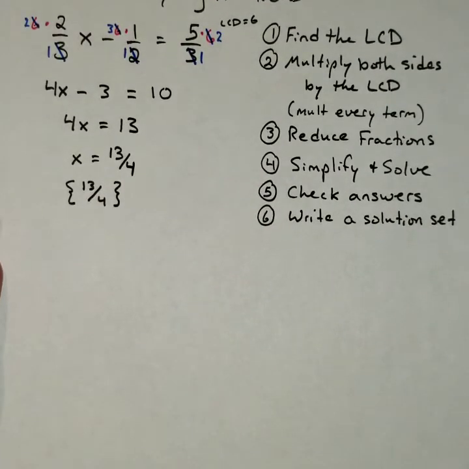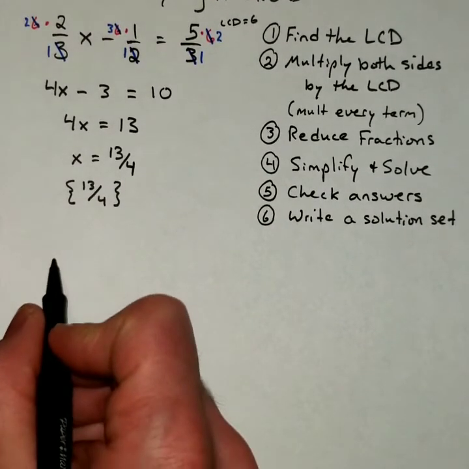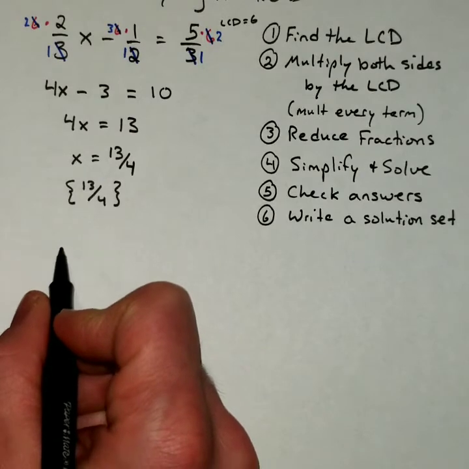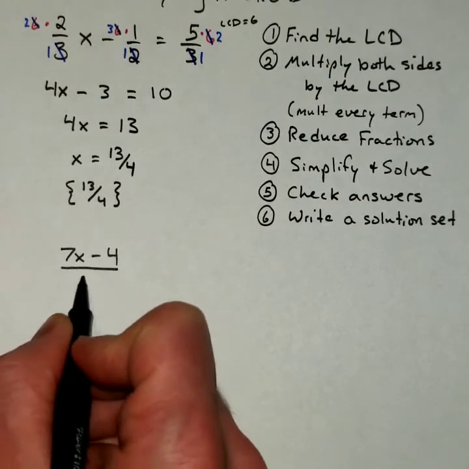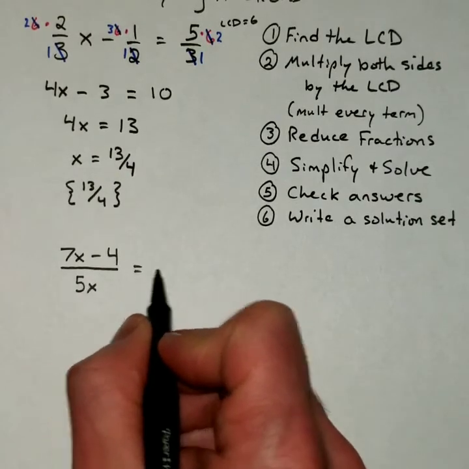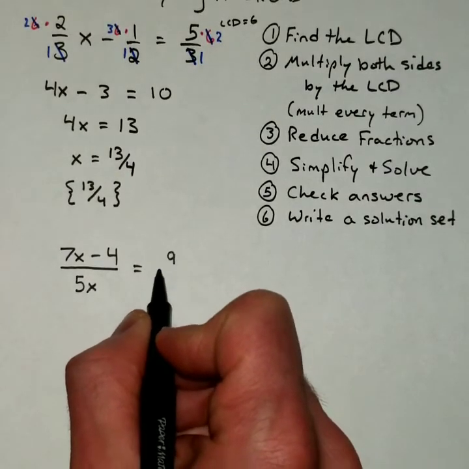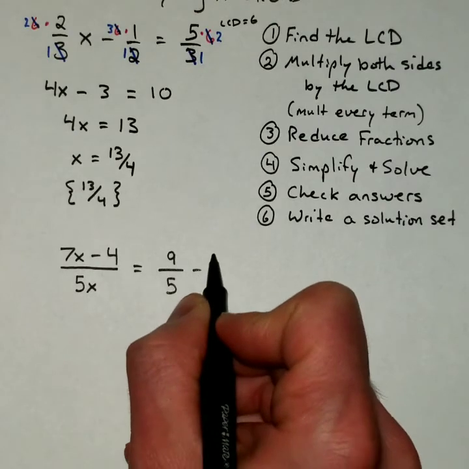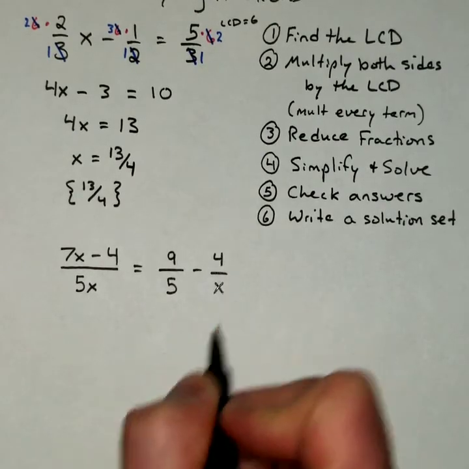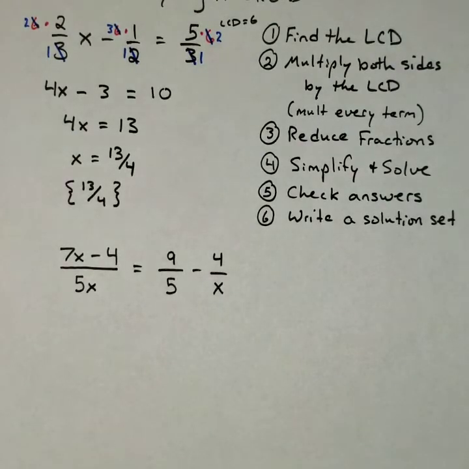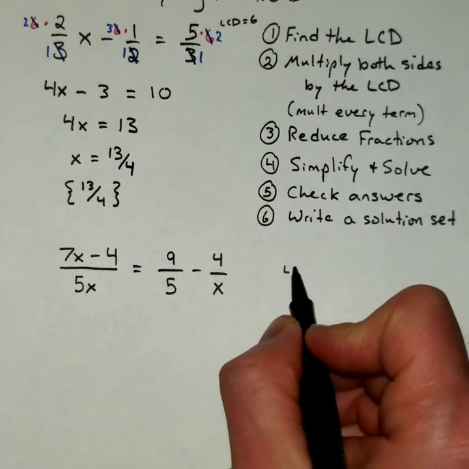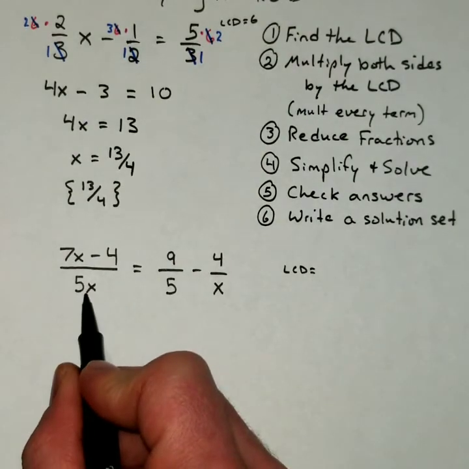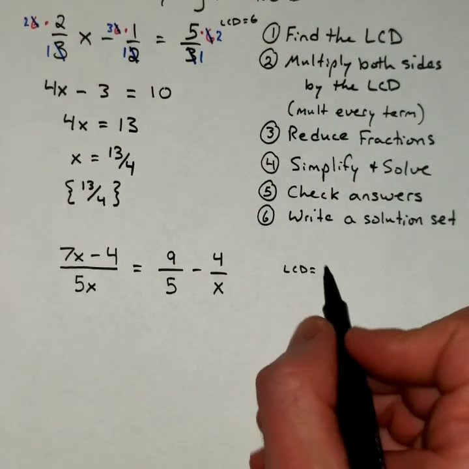Alright, so let's try it with an example: 7x minus 4 over 5x equals 9 over 5 minus 4 over x. Okay, same 6 steps to solve. We find the LCD, which in this case is equal to 5x, right? I've got 5x, a 5, and an x.